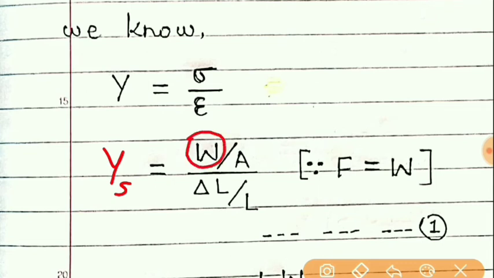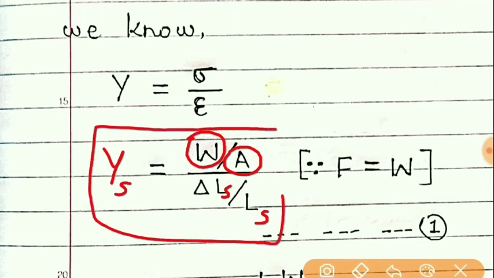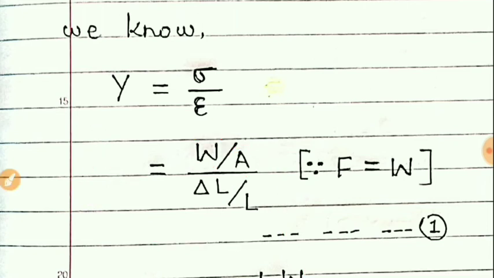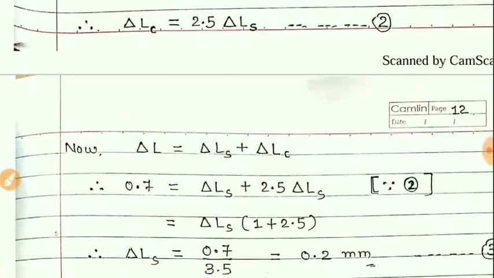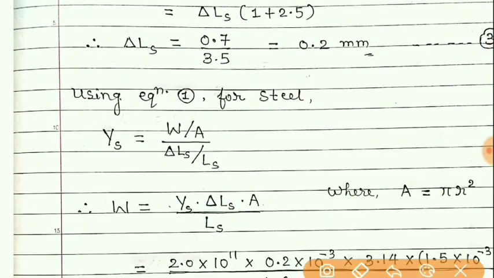The weight is the same, and the cross-sectional area is also the same. So on the right-hand side, the change is the change in length of steel and the original length of steel. So I have written that equation for the steel wire. Students, you can write it for the copper wire also and put the values. You will get the same answer. Here I have used the steel wire.